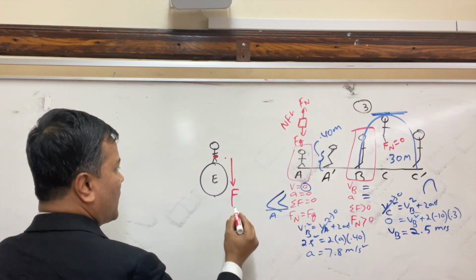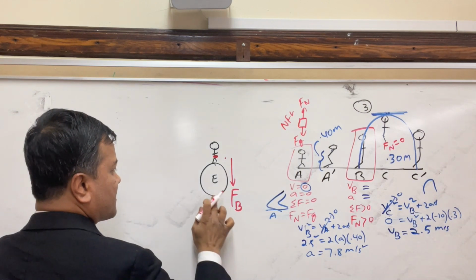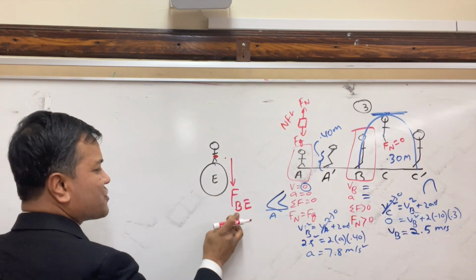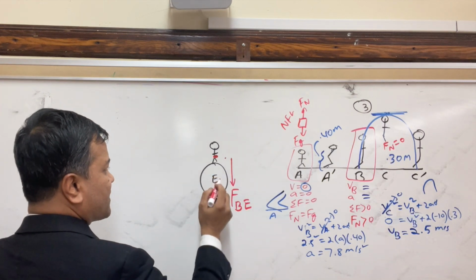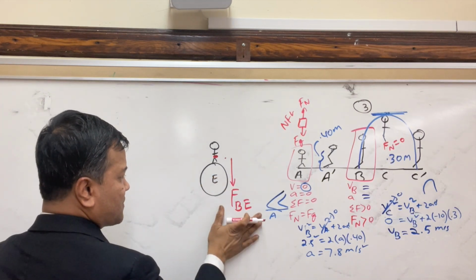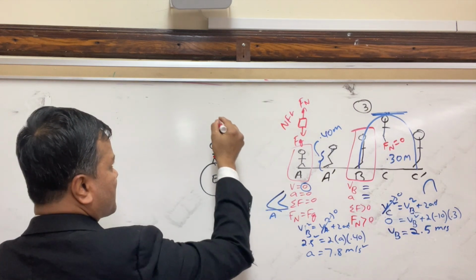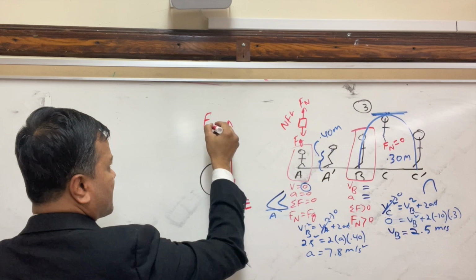Force on Mr. Barry due to the Earth, or the Earth pulling Mr. Barry to the center of the Earth. So Earth pulling Mr. Barry to the center of the Earth. This is how you're going to read it. And how you're going to read this one, F Mr.